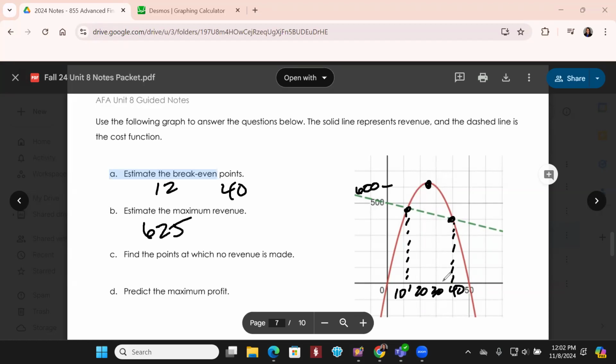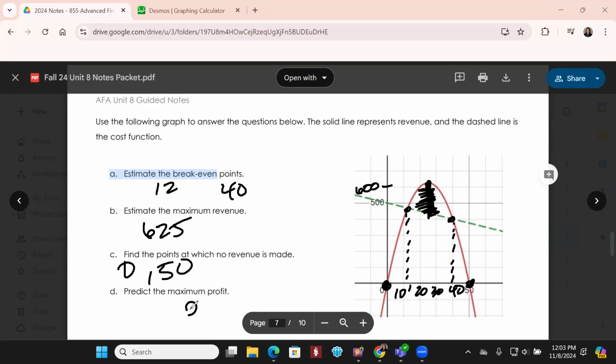Now find the points at which no revenue is made. That would be here and here. That would be 0 and 50. Okay, this is the part where you probably struggled. The maximum profit. Profit is the difference between revenue and cost. So from here to here, what is the difference?